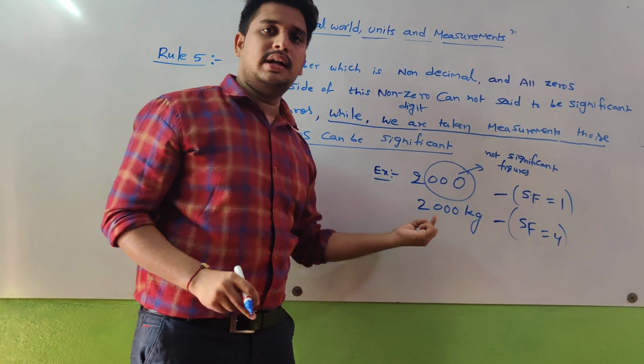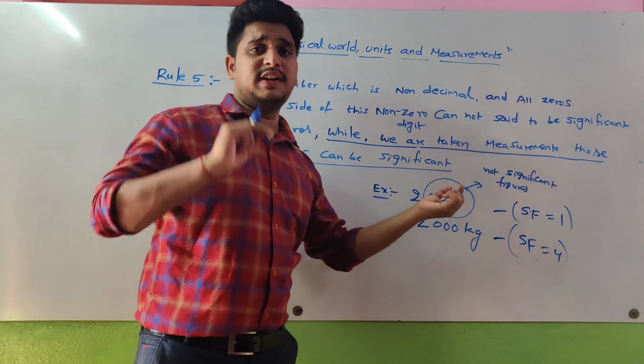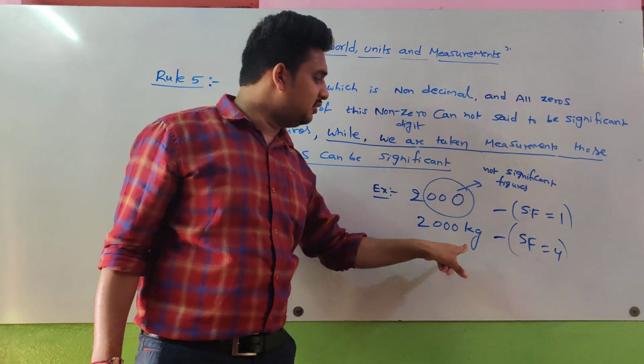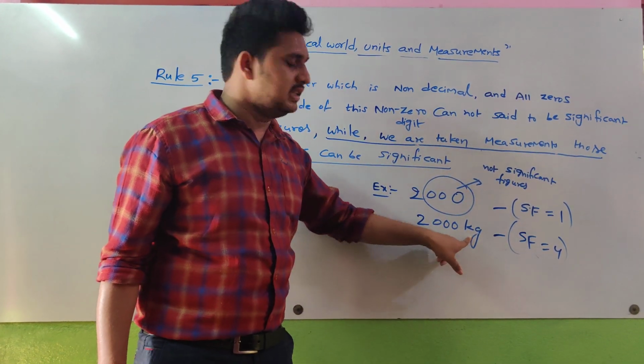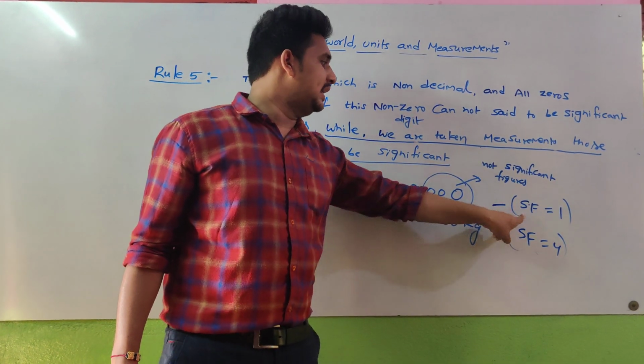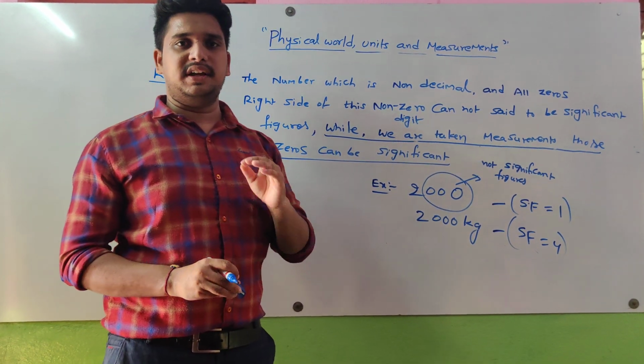They are also taken into consideration as significant figures, because we count these zeros while we are taking measurements, like kgs or any unit given. But if only 2000 is given, significant figure is 1. These are the rules of significant figures.